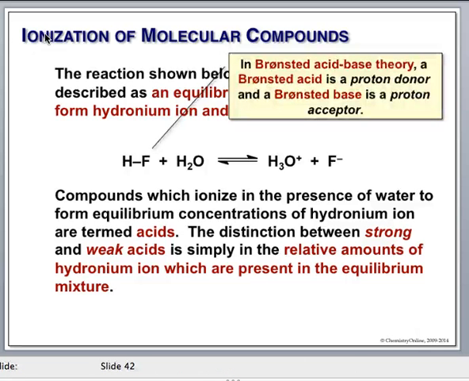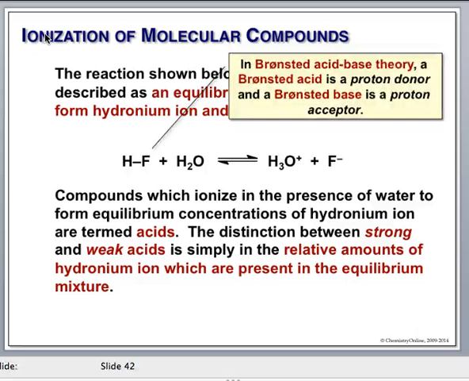Now there are two basic descriptions of acids and bases in chemistry. The one that we'll talk about mostly is going to be the Bronsted acid-base theory. You need to remember this, it's important. A Bronsted acid is simply a proton donor.